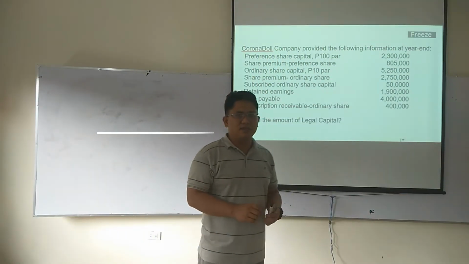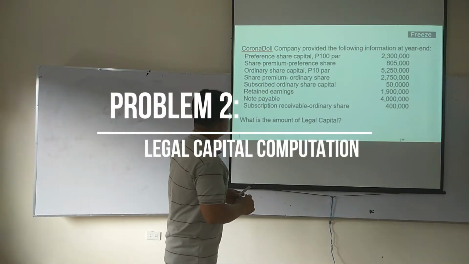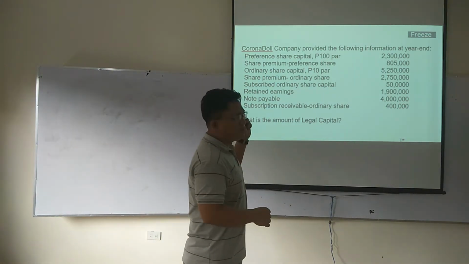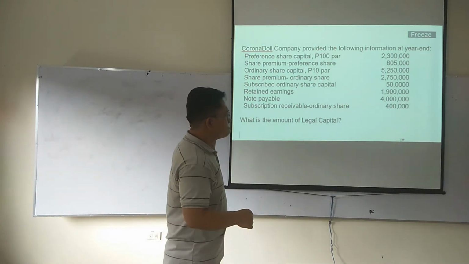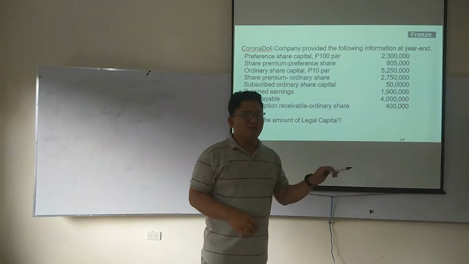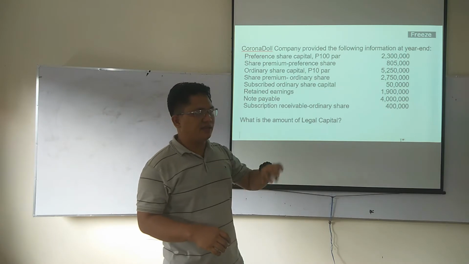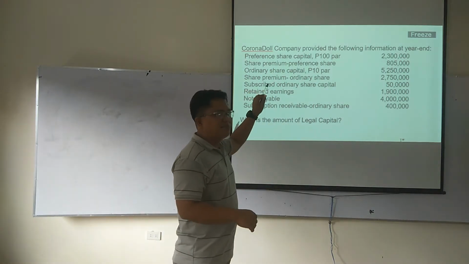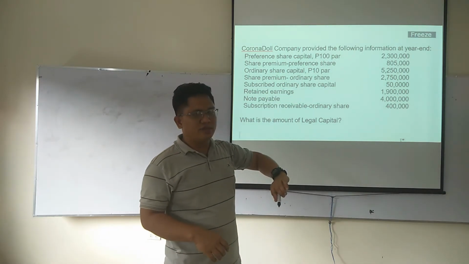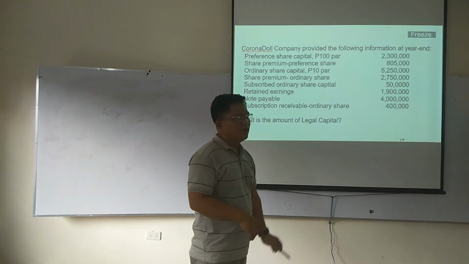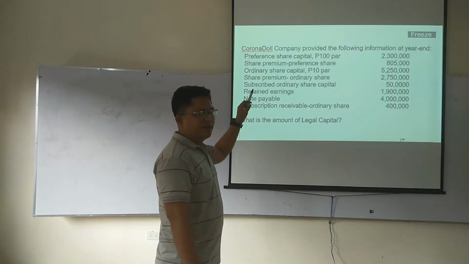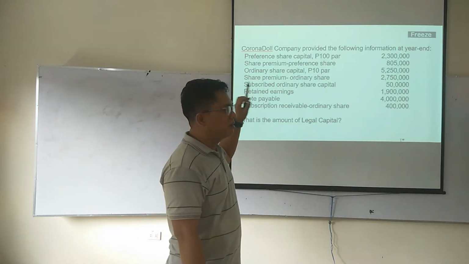Stockholders' equity, problem 2. The question is, what is the amount of legal capital for Coronadal Company? The amount of legal capital differs from one company to another if one company issues with par value versus no par value. Par value is the minimum amount that a stock can be subscribed, written in the articles of incorporation.